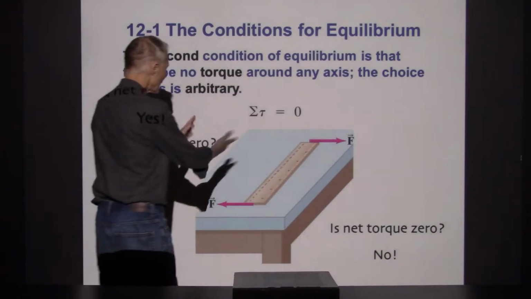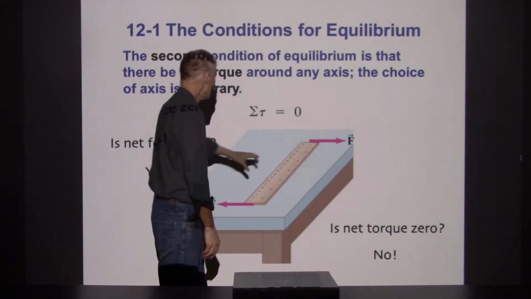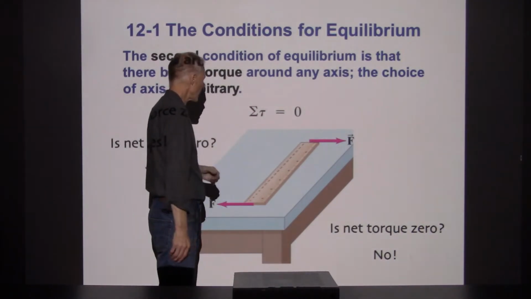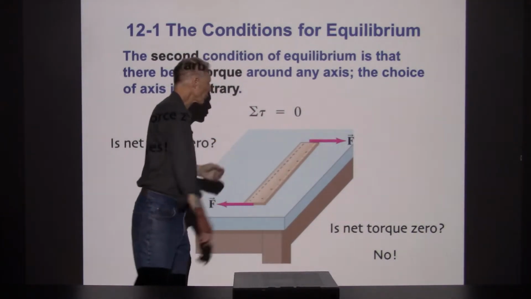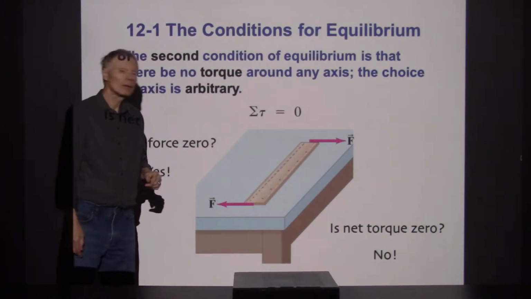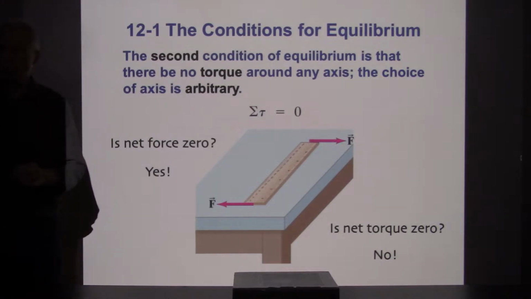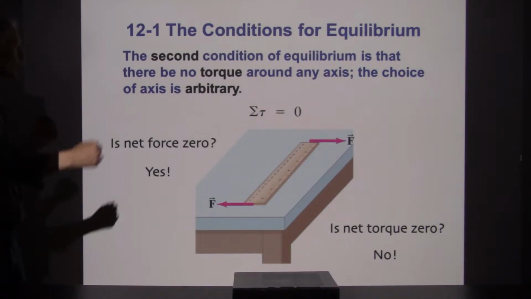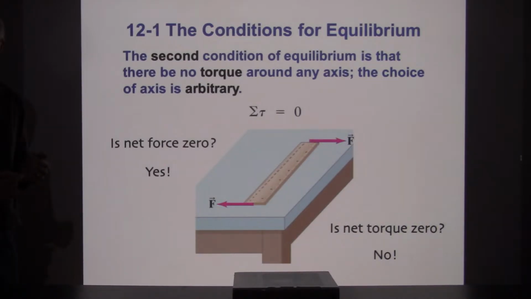So what we've got is this table, maybe it's frictionless, we've got this ruler, and what we're going to do is exert some forces on it. So if we exert forces according to the diagram that we're showing, there is no net force. The forces balance out, but because the forces don't line up with each other, there will be a torque.